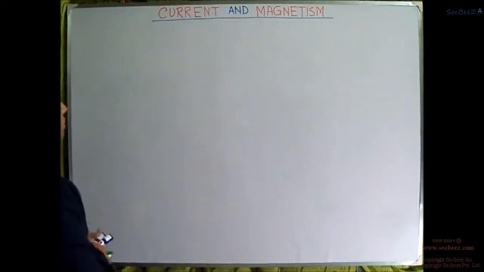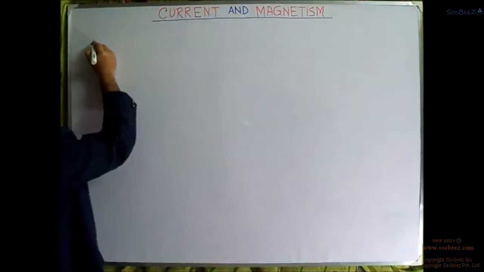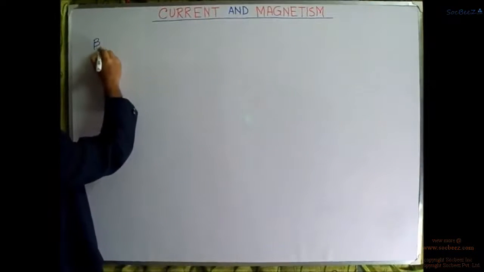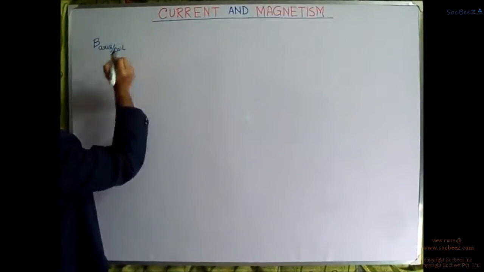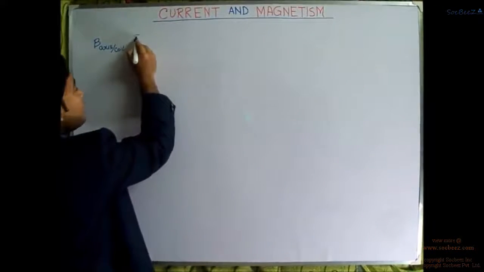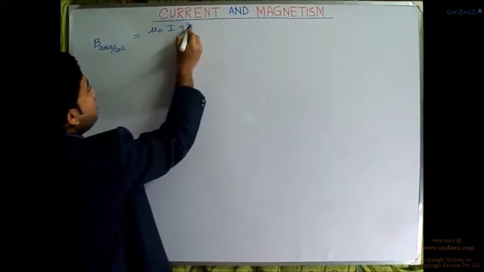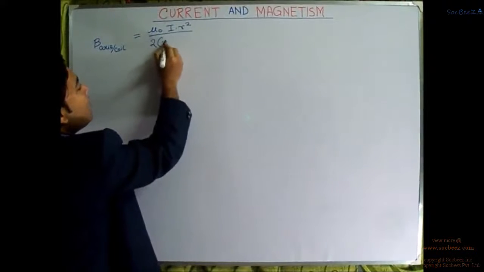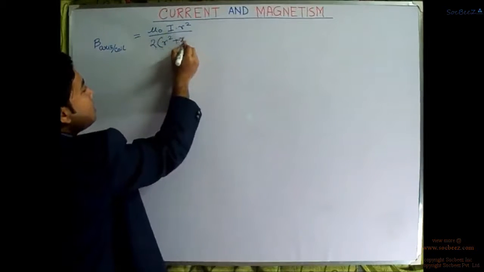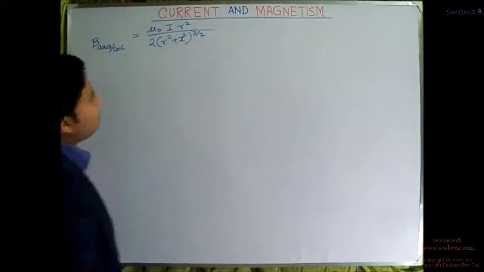We found the expression for B on the axis of a coil as mu naught I r square divided by 2 multiplied by (r square plus x square) to the power 3 by 2.